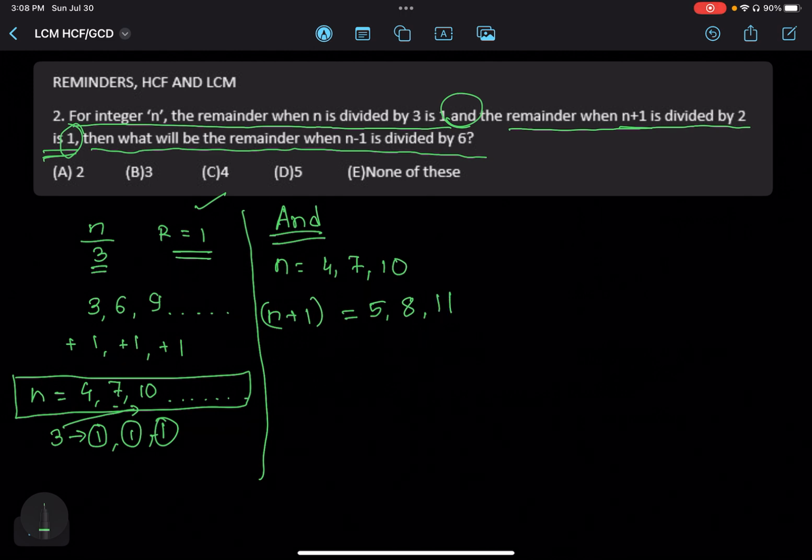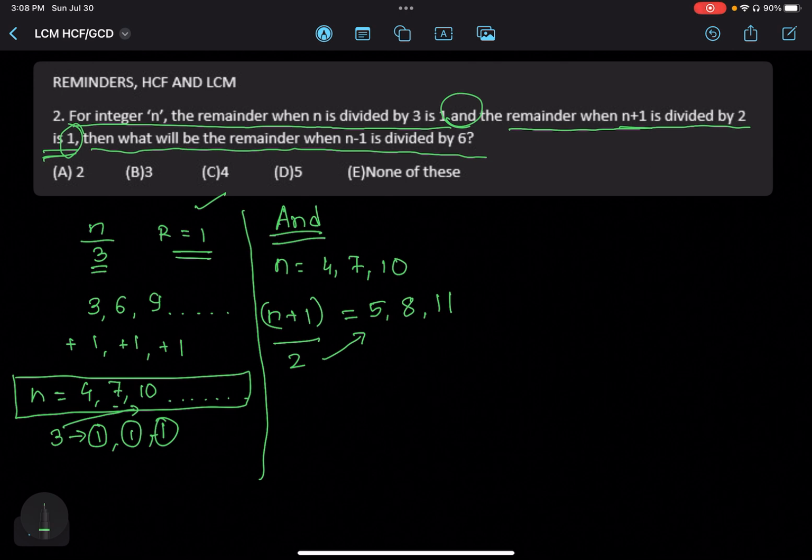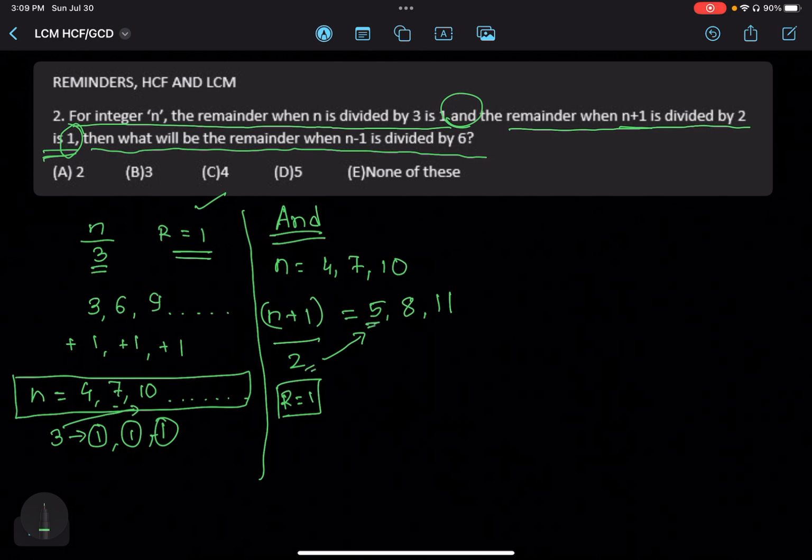Now the condition has asked for dividing n plus 1 by 2. So when I divide n plus 1 by 2, they are asking the remainder should be 1. Let's verify the three numbers we have, which are 5, 8, and 11. When I divide 5 by 2, my remainder will be 1. 2 twos are 4, and then 5 minus 4 is 1.